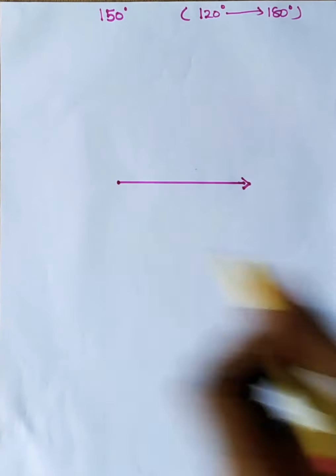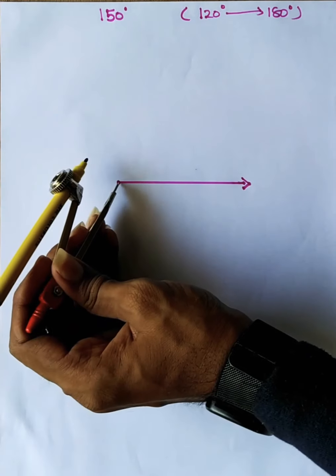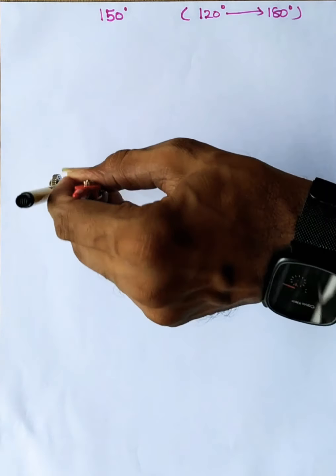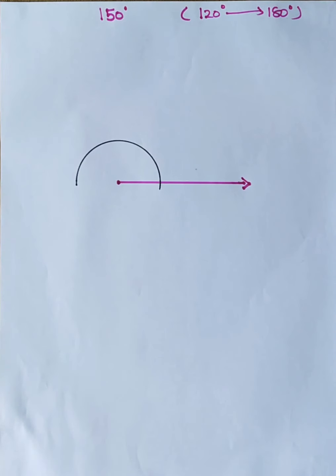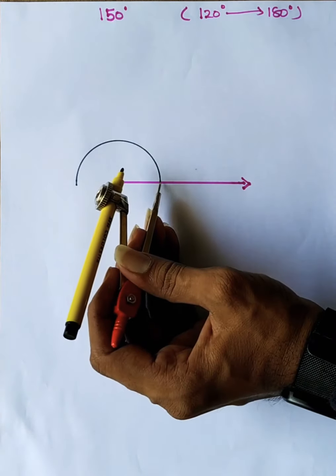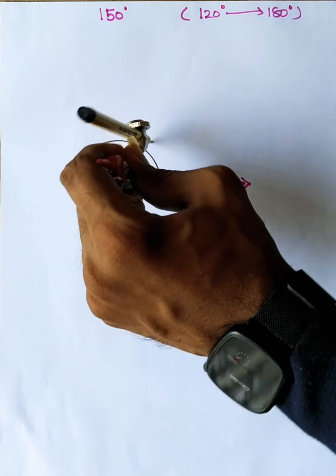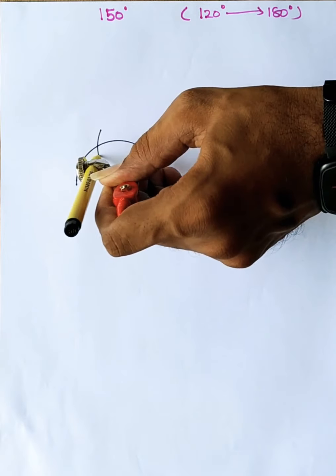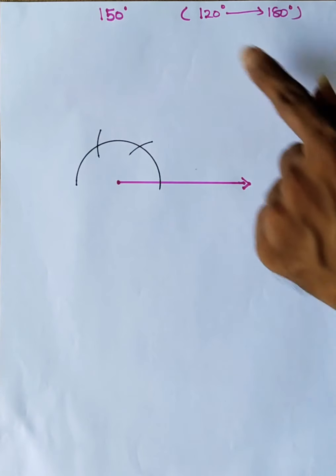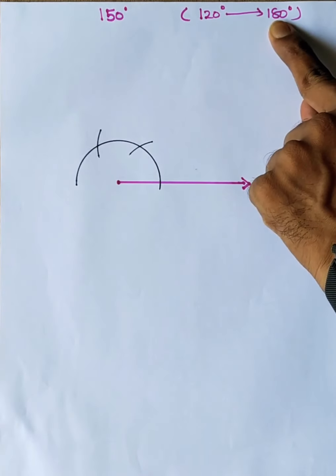Here I have the vertex. Now the next step is from this point, taking arbitrary radius, I will draw like this. Over here, put this one is 60, again this one is 120, and we have got 120, but how to get 180?